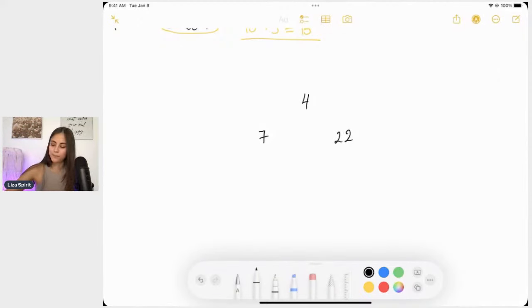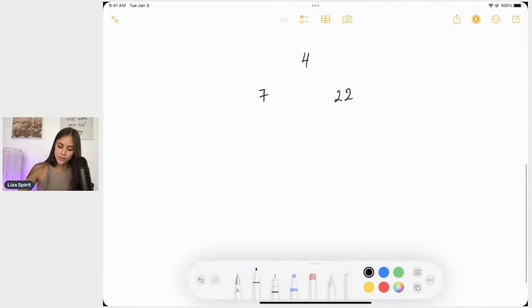That's a little bit different. So 7 plus 4 plus 22 would be 33. That would be 6. 39, that would be 12. 12 plus 22, 7. I see 7.